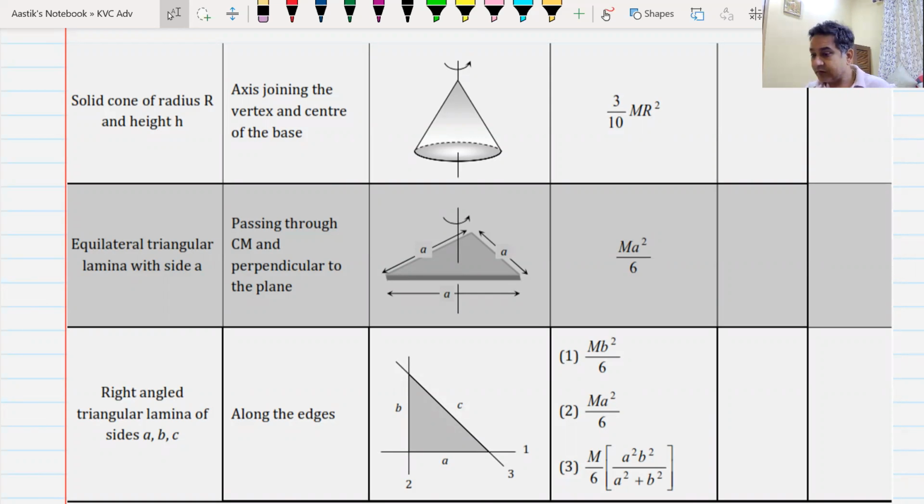Solid cone, it is 3 by 10 MR square. Hollow cone is not given. So remember, if it is a hollow cone, the moment of inertia about the same axis will come as MR square by 2. So remember this.